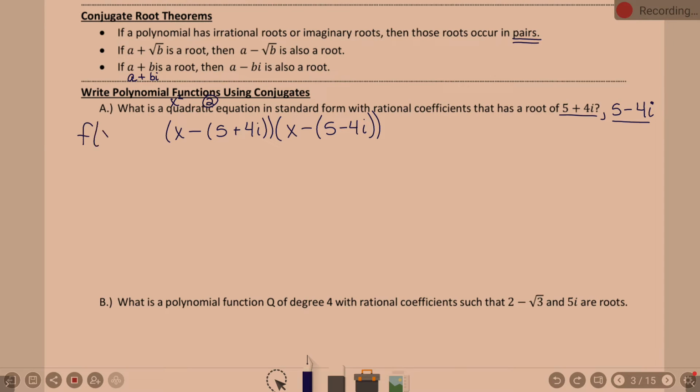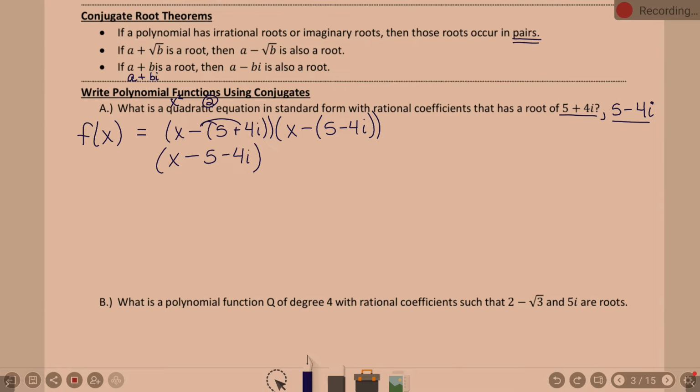So this is what you have to watch out for today. When we think about those, x minus 5 plus 4i, if I want to rewrite this without the parentheses, this is x minus 5, and what happens to the 4i? It's going to be minus 4i.